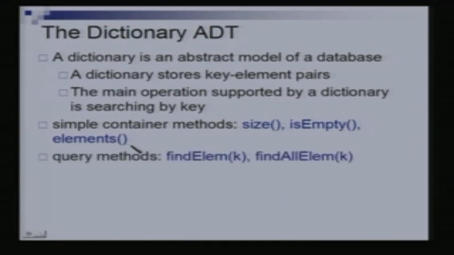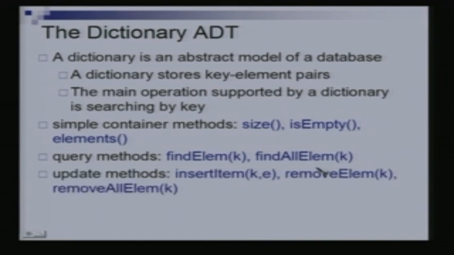Then we will have query methods. Given a particular key, find the element corresponding to this key. In settings where you might have the same key associated with many different elements, and we will see examples of this later, then given a particular key, you want to return all elements that have that key.